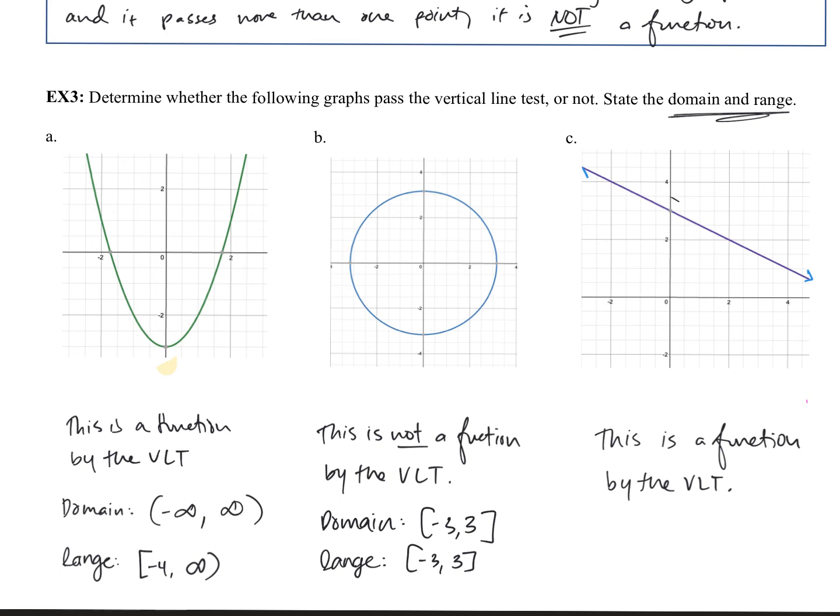Are all lines functions? Well, what kind of lines are there? Remember, there are slanted lines, like the one we have for C, right here. That's a slanted line. And then there are also horizontal lines or vertical lines. You might have seen it. Vertical lines are exactly what we use to do the vertical line test, right? So vertical lines are not functions.